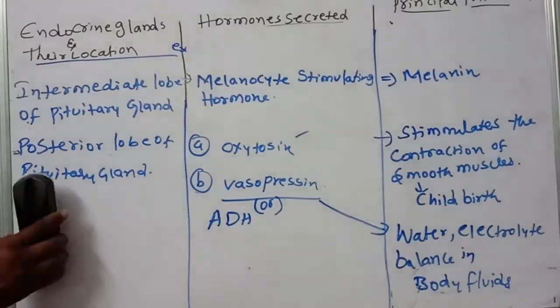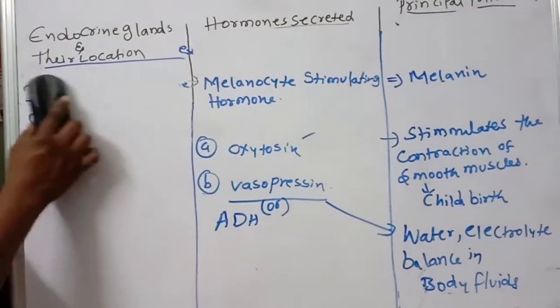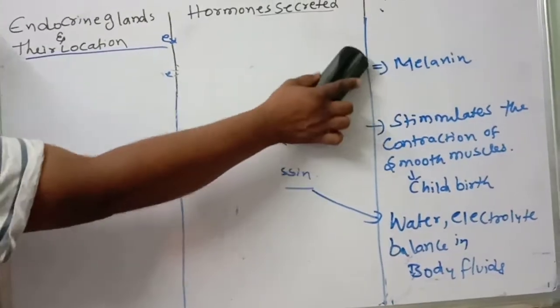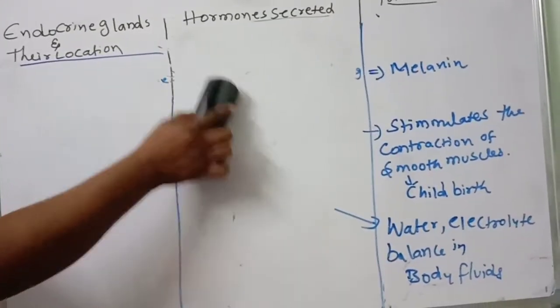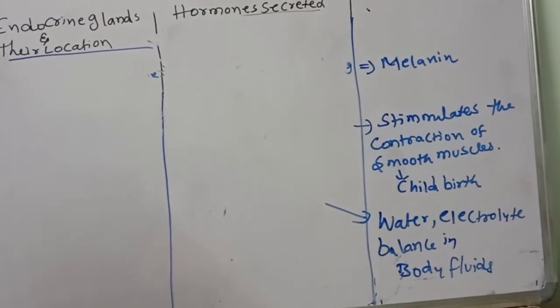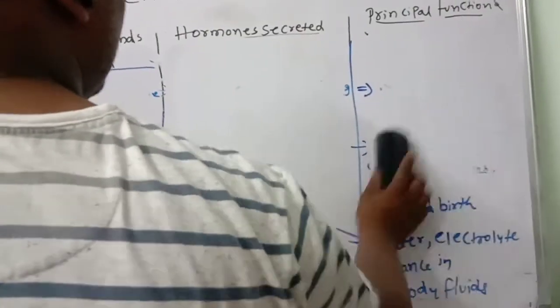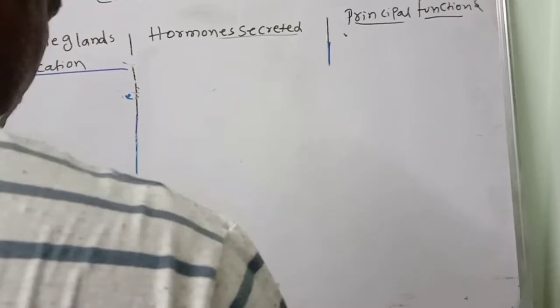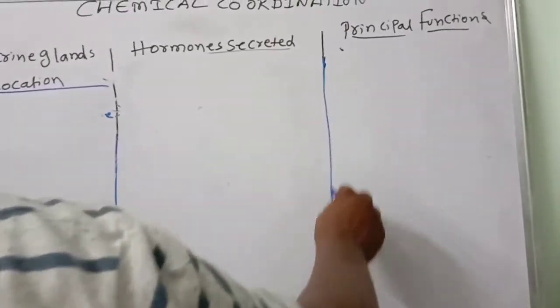One more gland we will discuss, that is the pineal gland. What is the pineal gland and what hormone is secreted by it will be discussed. Children, observe very carefully.